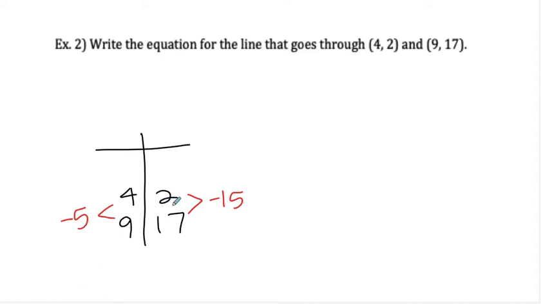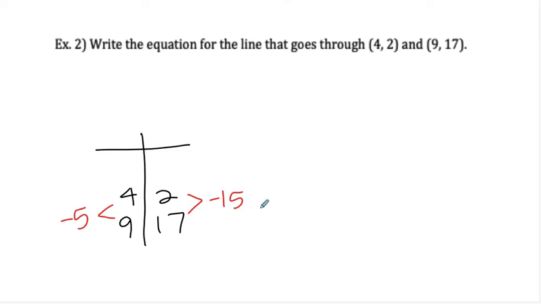Now, you can get in the habit of simply subtracting down the left and the right side of your table. However, you can notice that 9 and 17, they're both bigger than 4 and 2, so you could subtract up. Just make sure that you do the same on both sides of the table to keep your final slope the right sign.